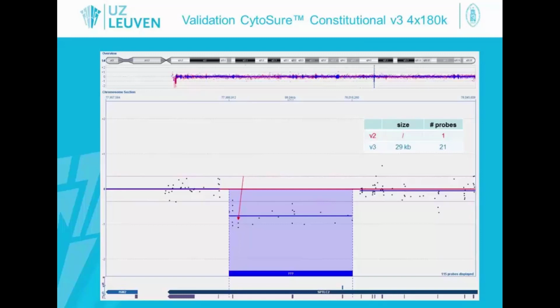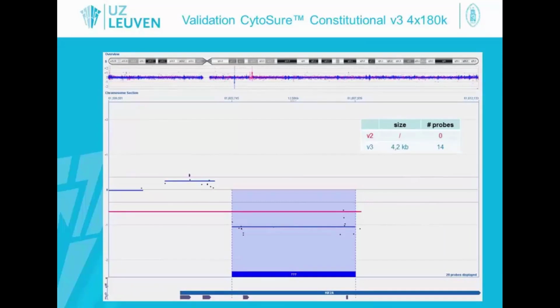And if you take a closer look, it's also in the deleted ratio, but just 1 probe is not enough to make a proper calling. This gene is responsible for an autosomal dominant neuropathy, so it might be of interest if there's a clear association with the clinical phenotype of this patient. This can give us more yield and more information for this patient.